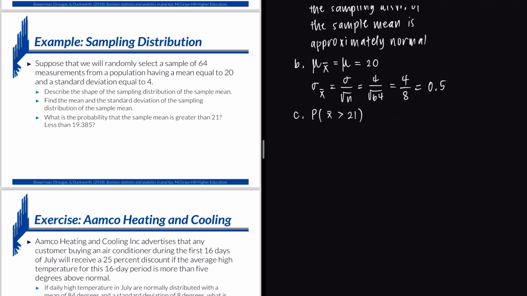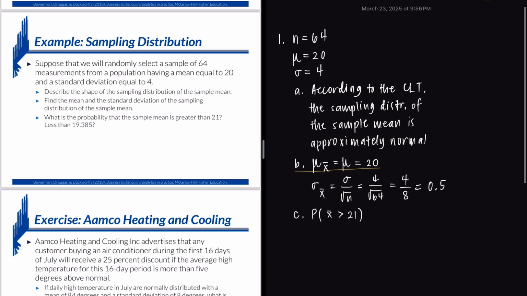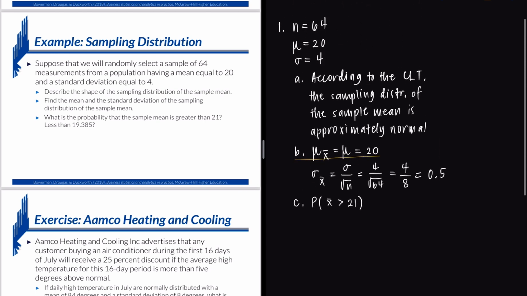Now, in the past, we have looked at several formulas in order to convert something to z. The original formula for z is x minus mu over sigma.